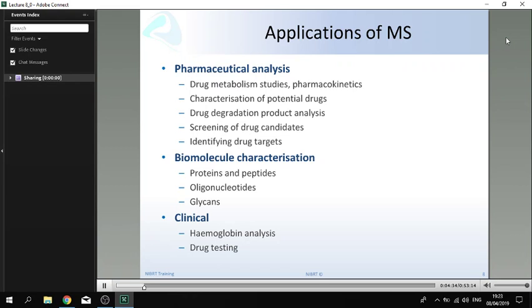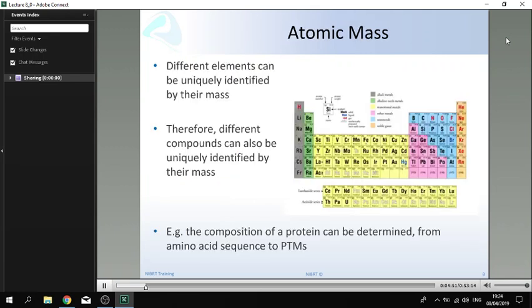And where it's used quite a lot is in clinical settings for drug testing and hemoglobin analysis. This is where it would be used in a day-to-day lab to measure things like hemoglobin or, let's say, vitamin D in clinical settings.